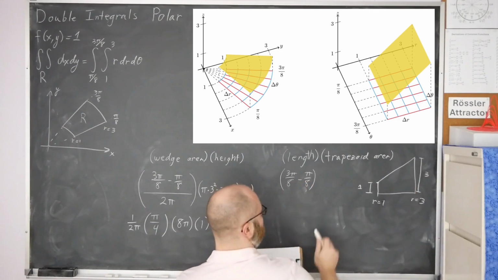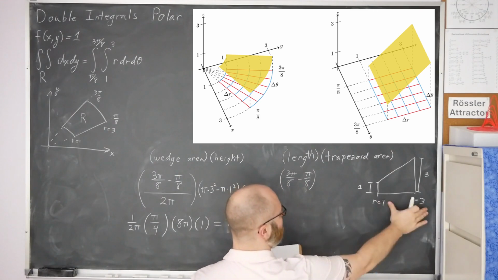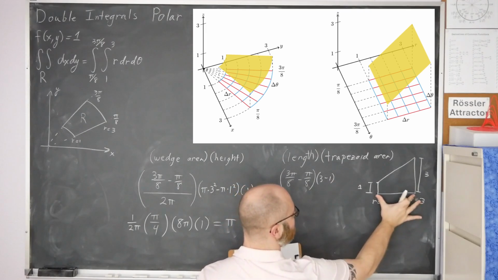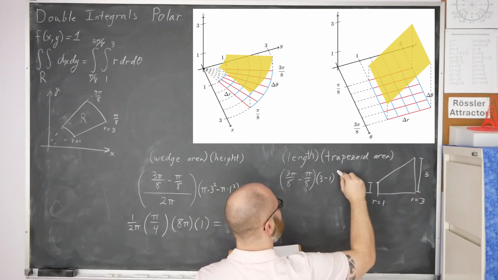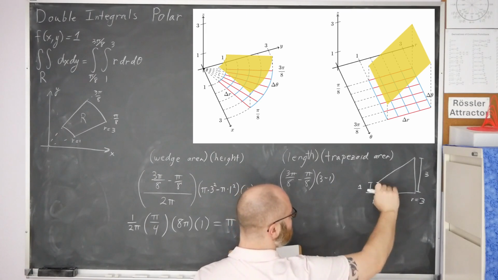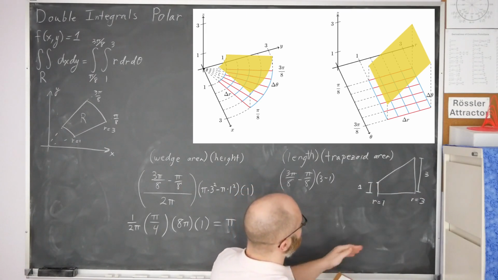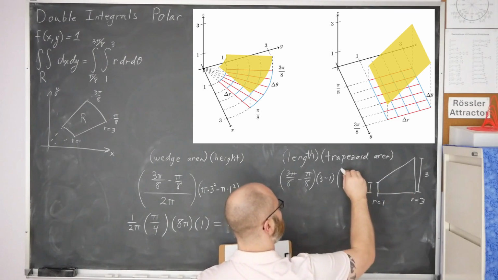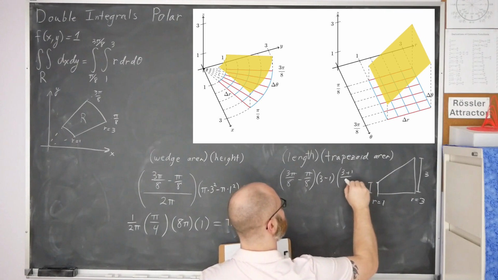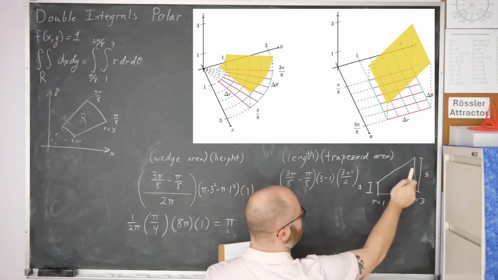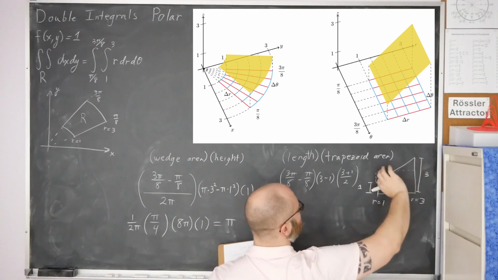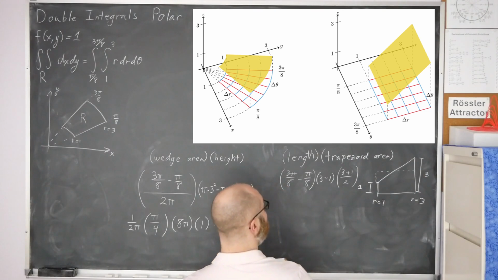So to get the area of a trapezoid, first it's going to be the base, which is 3 minus 1, right? And then the height is the base times the average of the heights, so I'm going to take 3 plus 1 over 2. That's equivalent to taking this triangle and moving it over there. If you flip it over, it'll have height 2.